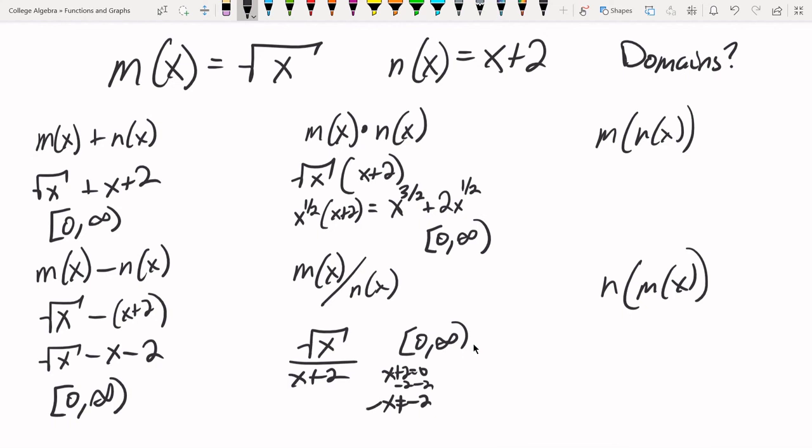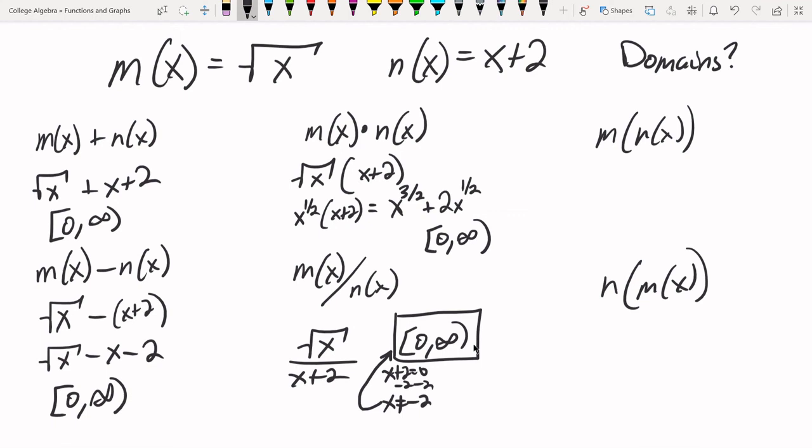However, x equal to -2 is not within this original domain. So that number is already excluded by our square root function's restricted domain, which means the domain is from 0, including it, all the way up to infinity. That's all we have to consider.